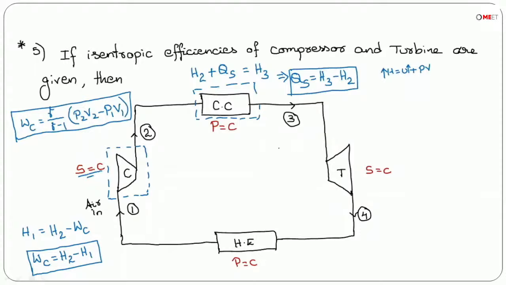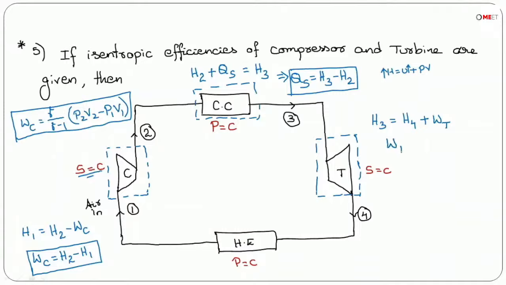Now this air, after getting heated up to a higher enthalpy H3, enters into the turbine. In this turbine, isentropic expansion takes place. As a result of this isentropic expansion, the enthalpy decreases due to the drop in pressure as well as temperature, and as this is an isentropic process, heat loss to the surroundings will be zero, and there will be a certain amount of work output from the turbine.